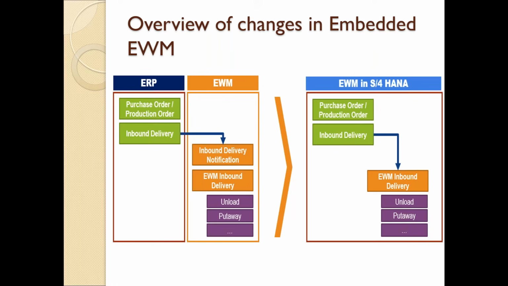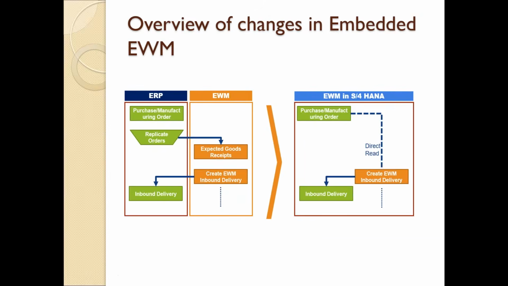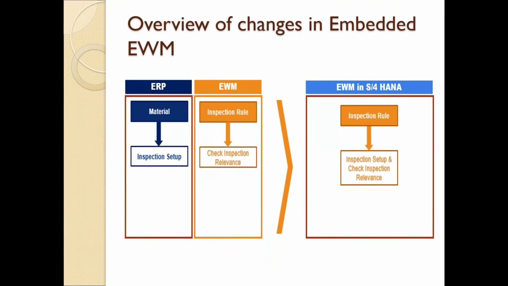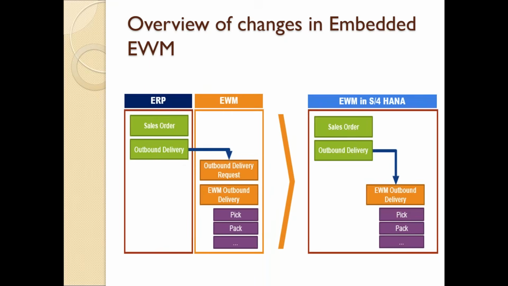So coming to your question, Naga, what was your question? When you say removing duplication, we create an SO and create an OBD in a normal S4HANA system. Still, we will distribute the delivery to EWM, and there will still be another delivery number created in EWM. Exactly. In 1809, I'm telling you, because from 1709 we don't have this.